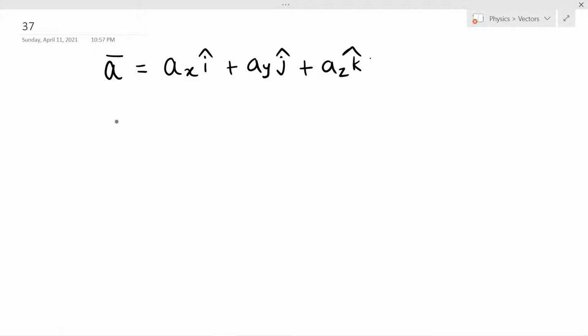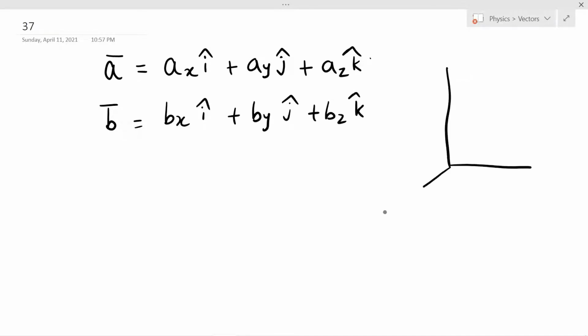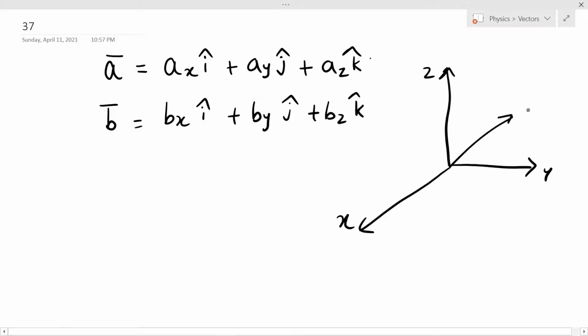So these are my generalized vectors, that is, vectors in 3 dimensions. So I have some coordinate system x, y and z, and there is this vector a bar, and another vector maybe like this in 3 dimensions.